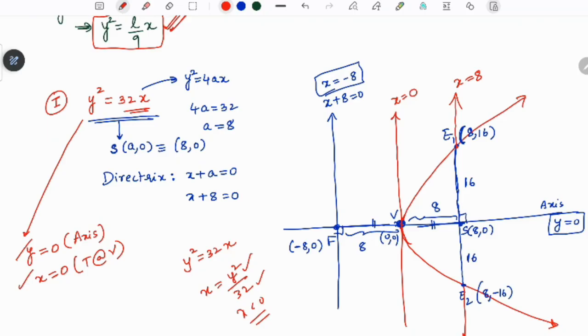So x less than 0 is not possible. That means the graph will be in which quadrants? First and fourth. It should not be less than 0, meaning the graph should not come in the second and third quadrants. So it should be in the first and fourth quadrants, right?